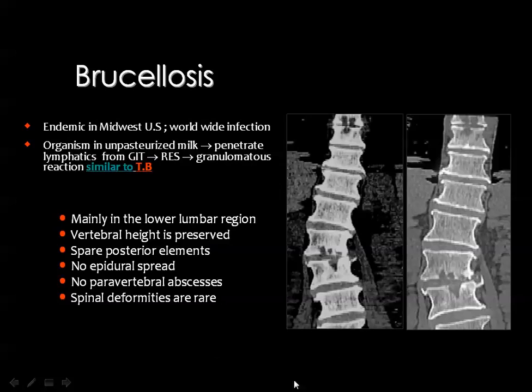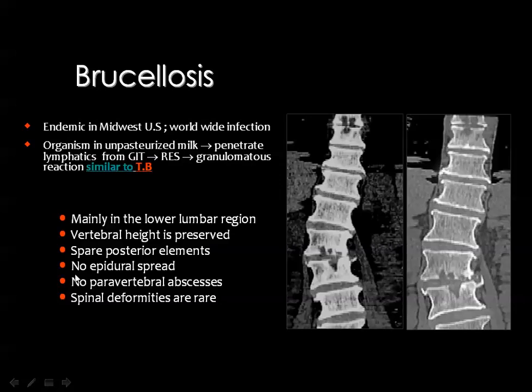This lesion, the brucella, usually affects the lumbar spine, particularly the distal part of the spine. In this disease the vertebral height is preserved, so you do not get spinal deformities or kyphosis. Also, you do not see paravertebral abscesses as is well known in the pyogenic or tuberculous spondylitis.